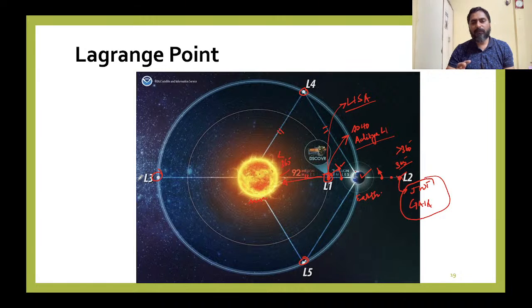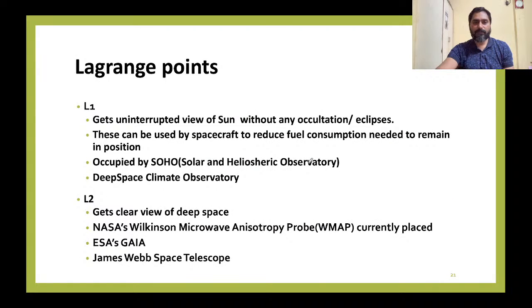So about Lagrange points, you should have some clarity on the uniqueness of these points: the gravitational forces combine in such a manner that any object placed at these Lagrange points appears to be anchored with respect to Earth, and that is the advantage. So it takes less fuel to remain there, and there are some advantages with respect to the specific point. So this is the idea of the Lagrange points.